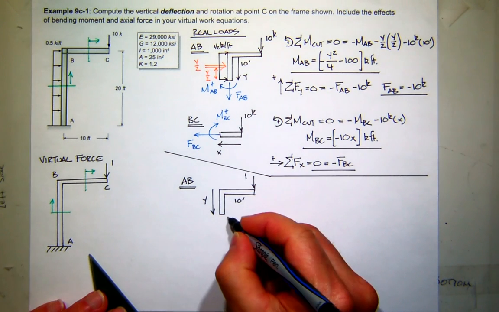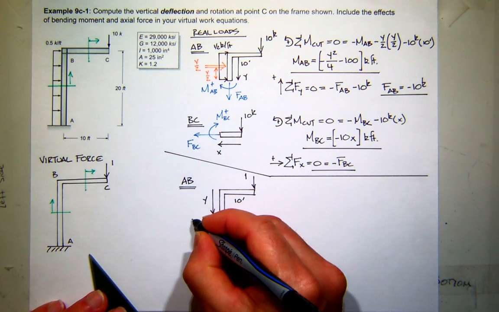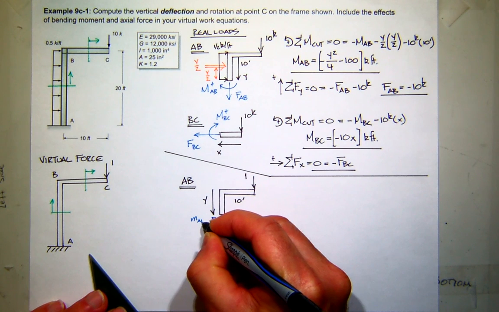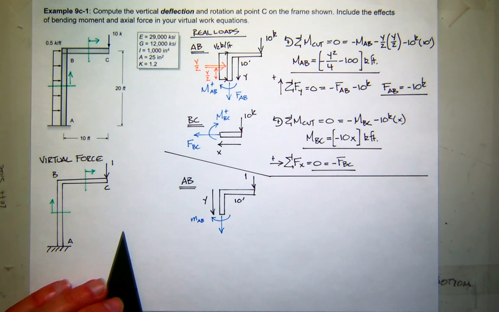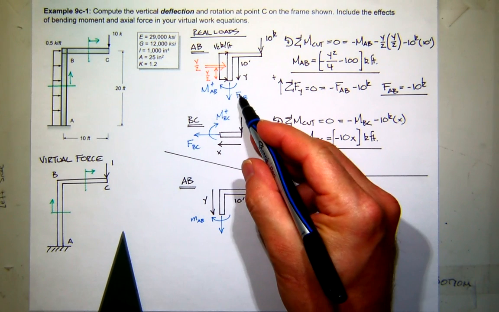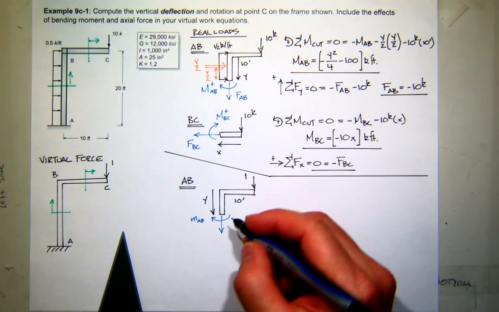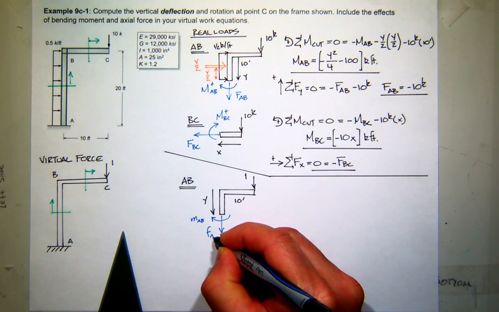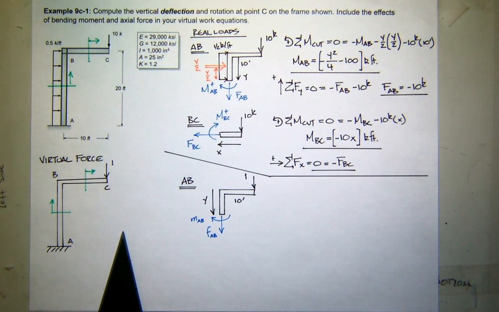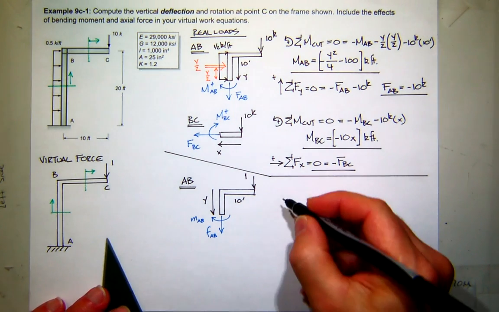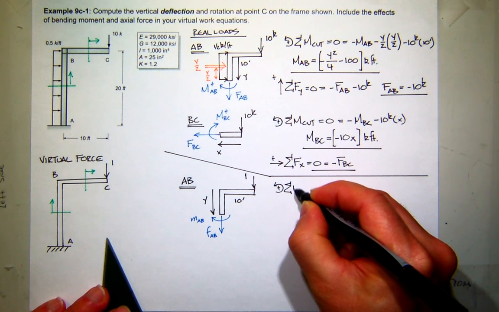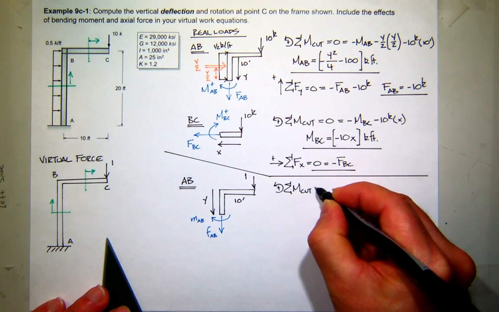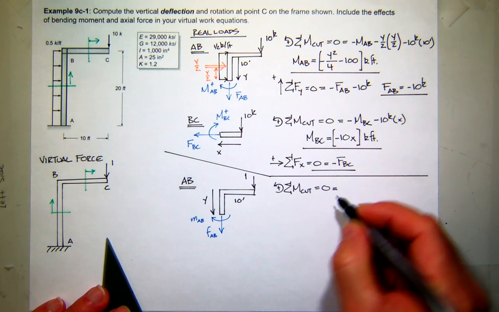At the cut, I have my virtual moment and my virtual force. I'll just use a lowercase f for that. So let's find those values. Again, I'll sum moments about the cut at that distance y from the top. Make sure it's in equilibrium.